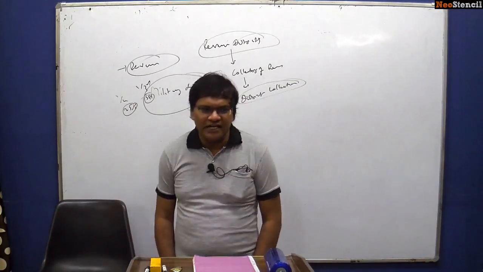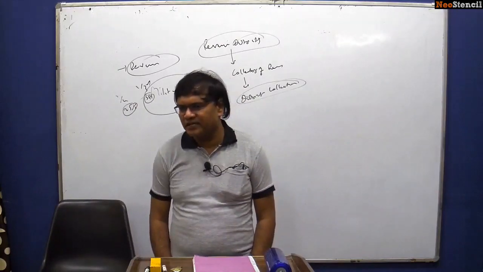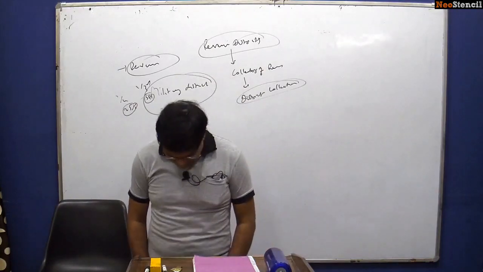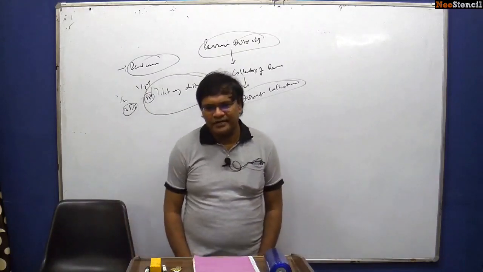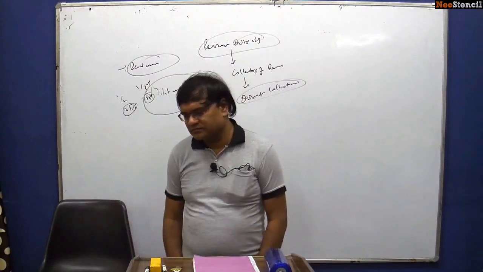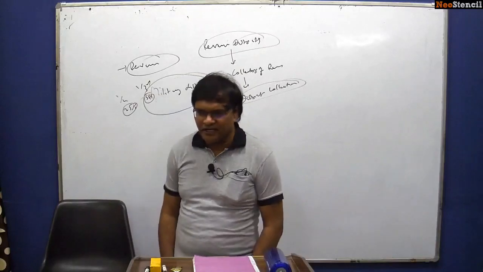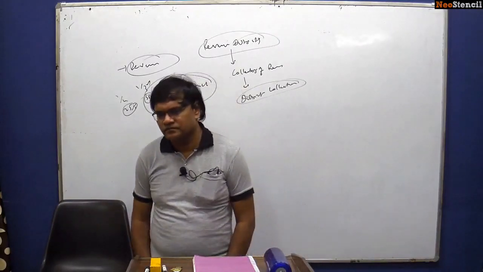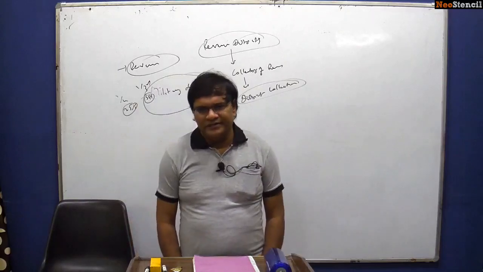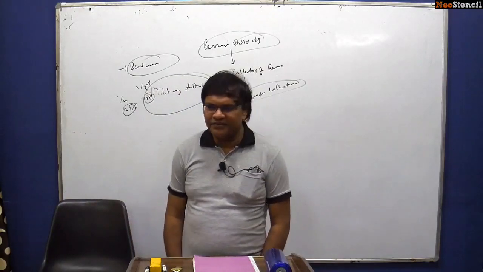Then they also introduced committee systems in Parliament. The Public Accounts Committee came into existence during British times. So this is what they have done as part of financial administration.